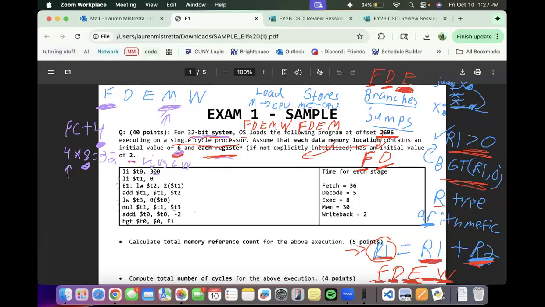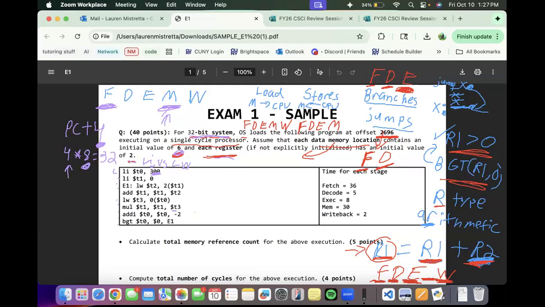Load immediate is just taking this normal number. 300 is just a number. It's not anything special. It doesn't come from a mem address. So for each of these load immediates, while yes, it is a load, we're only going to be going into our main memory for just the fetch state, not for the mem state.